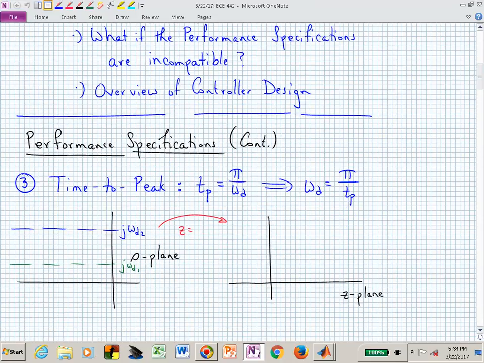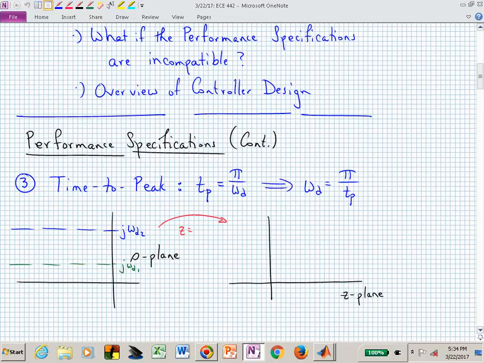In terms of performance specifications, we talked about settling time, which were circles. That was number 1. Number 2 was percent overshoot. That was logarithmic spirals, or what we were generously calling hearts, just to give us something to think about in terms of shapes.